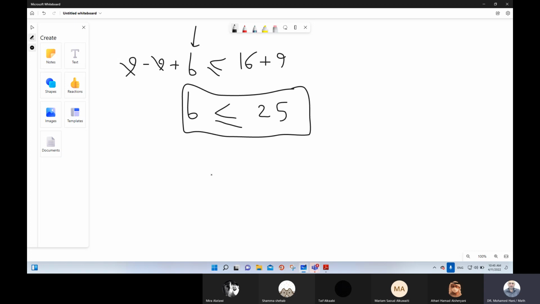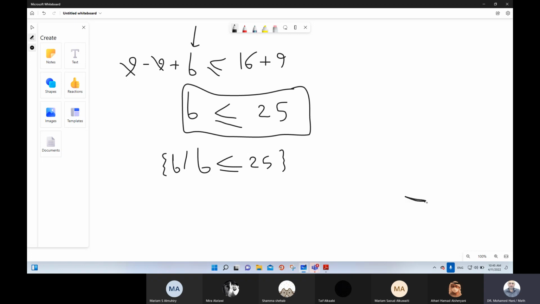How to write the solution in set builder notation? Open the builder notation, then write the variable b such that b less than or equal to 25, then close the builder notation.